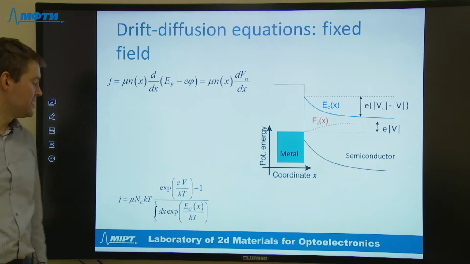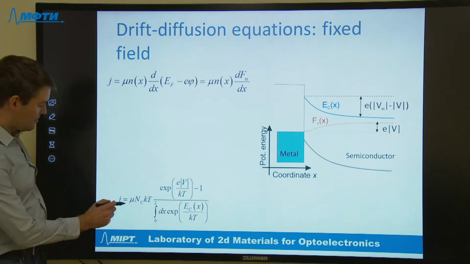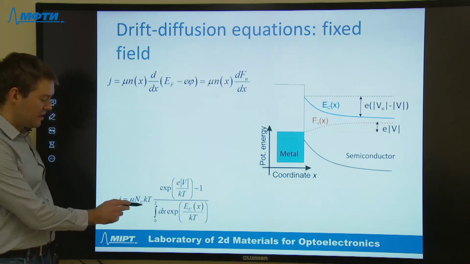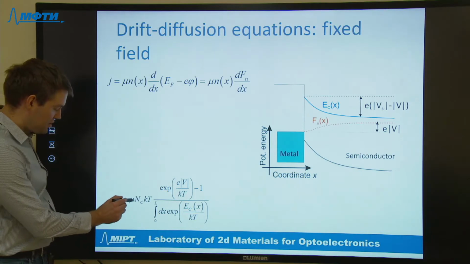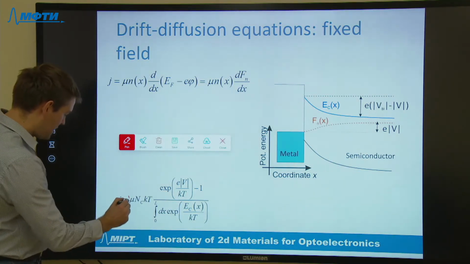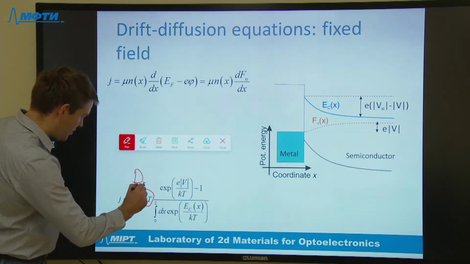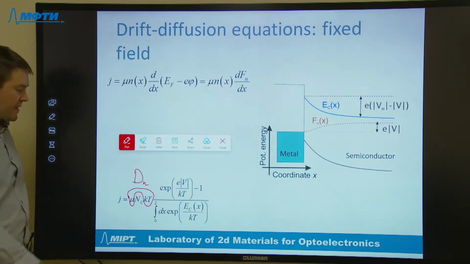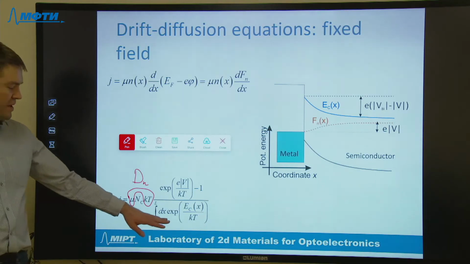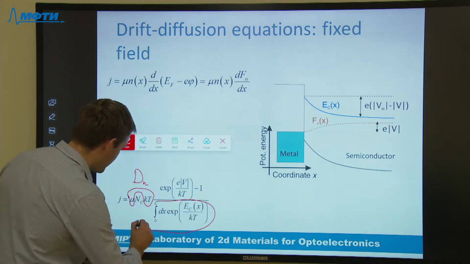And the final result is the current density is proportional to mobility, effective density of states in the conduction band, and thermal energy. These can be merged into the diffusivity D for electrons, Dn, times some exponent of applied voltage, and in the denominator we have some quantity with the dimension of length.